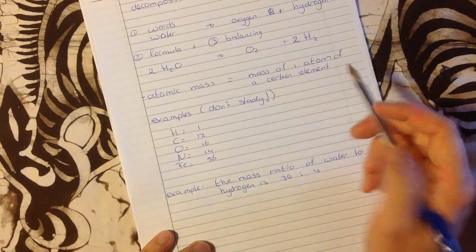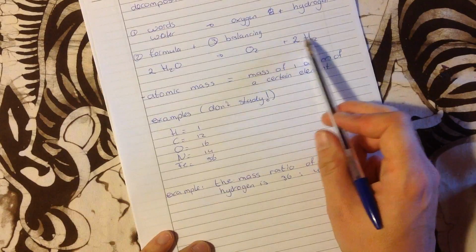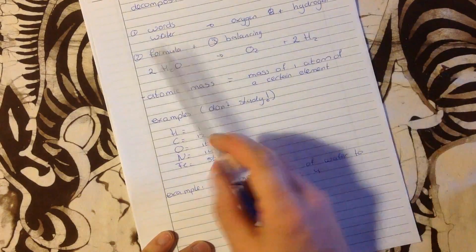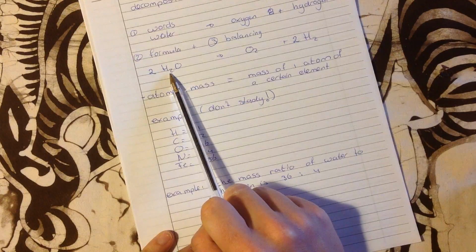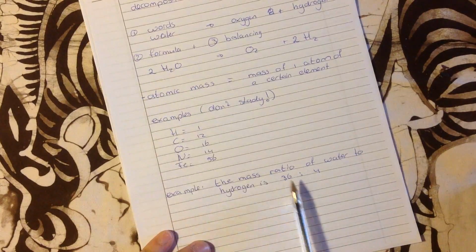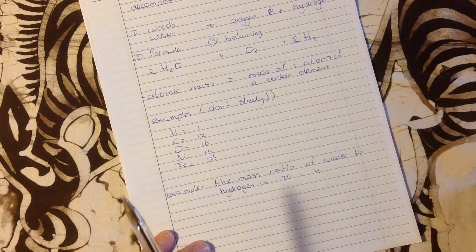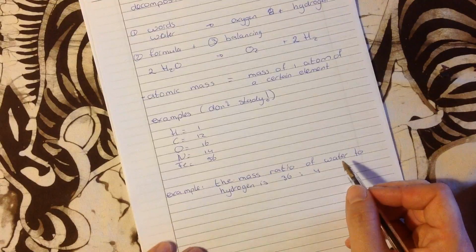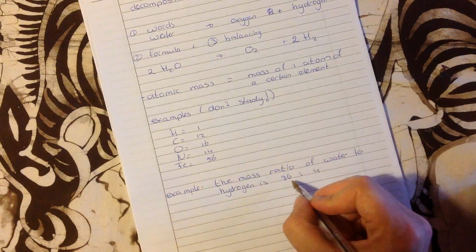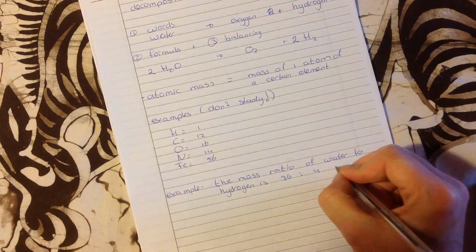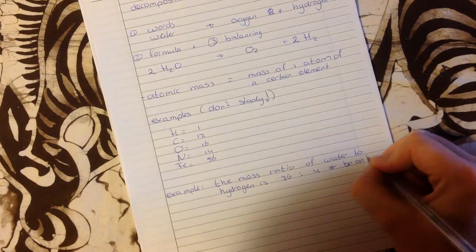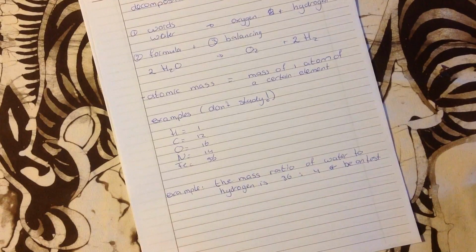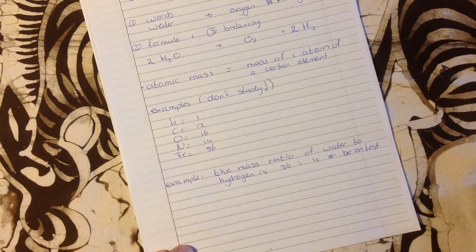That has a reason because one H is 1 and I have 4 of them, so that makes 4. Hydrogen is 1, O is 16, 2 H's is 18, 2 times 18 makes 36. Again, no need to calculate it. These ratios you will get on the test. You don't have to learn them in any way.